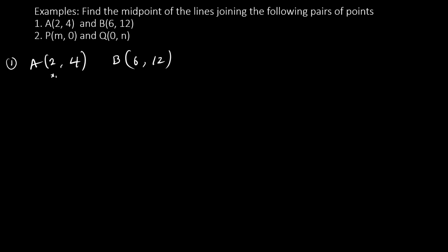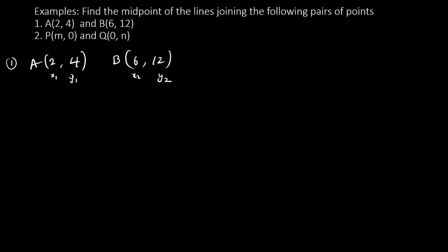So here we have our x1 and y1, x2 and y2. To find the coordinates of the midpoint of line AB, let's imagine it is a point C. It's going to be point C with coordinates x, y. So let's look for our x and y.